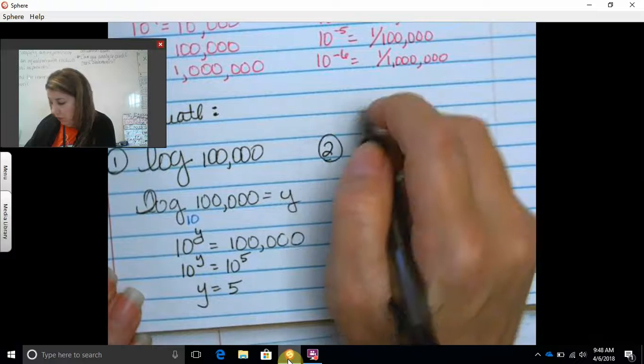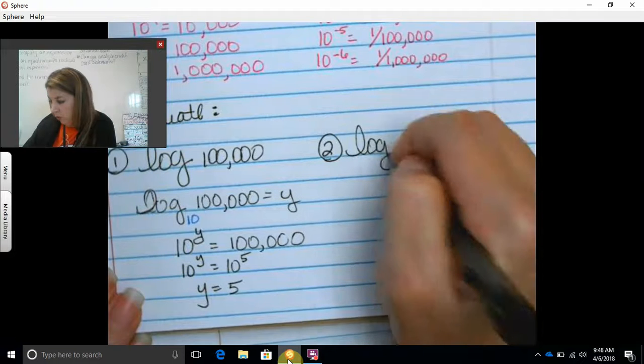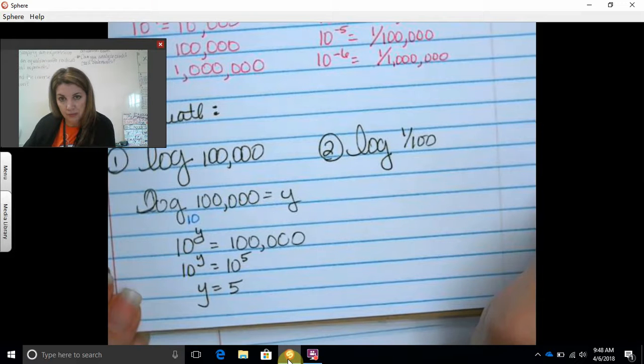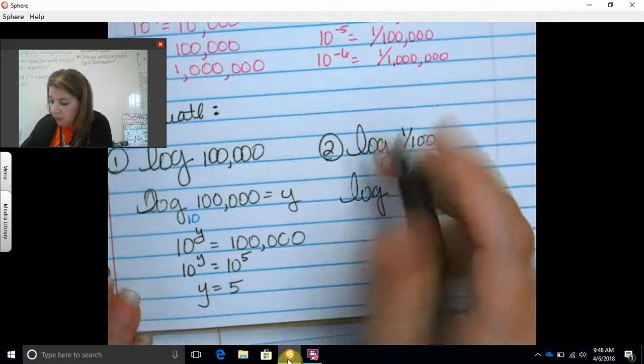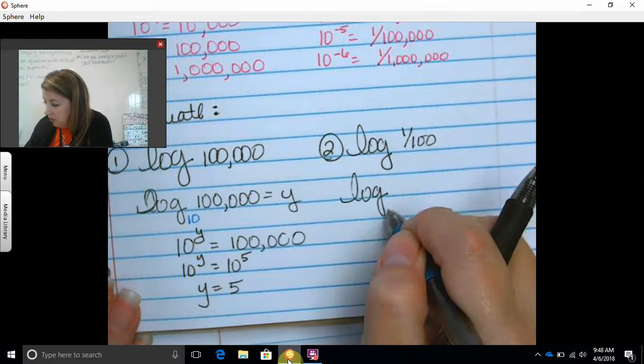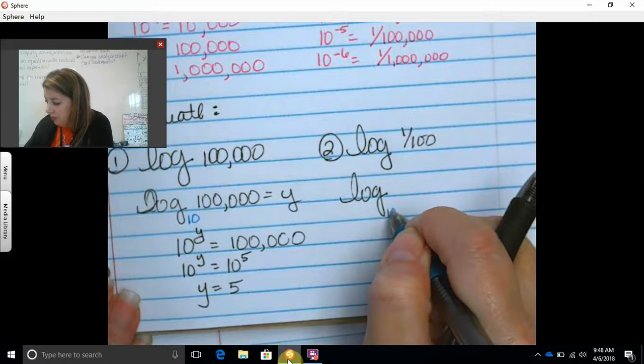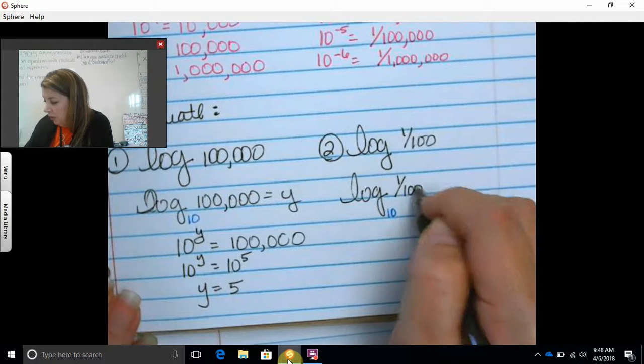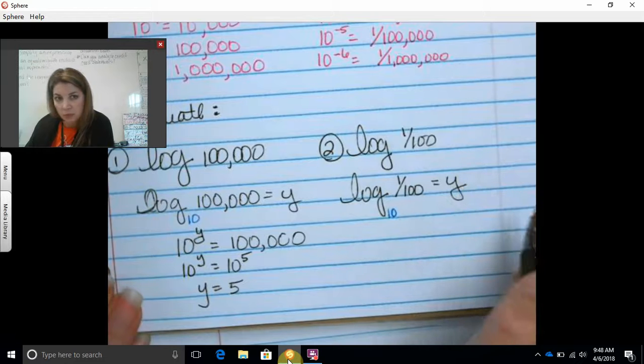Example 2, log of 1/100th. What's the answer going to be? -2, but I'm going to show my steps. So I'm going to write it as an equation. So I know it's a common logarithm because no base is written. So it's log base 10 of 1/100th equals y.